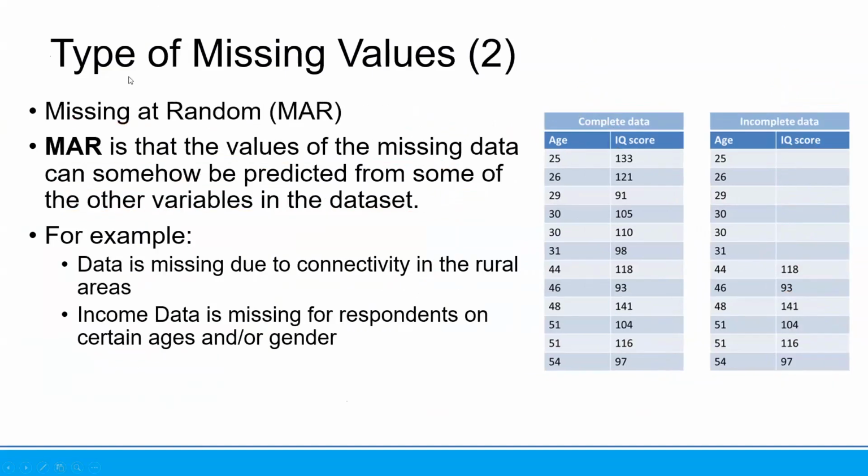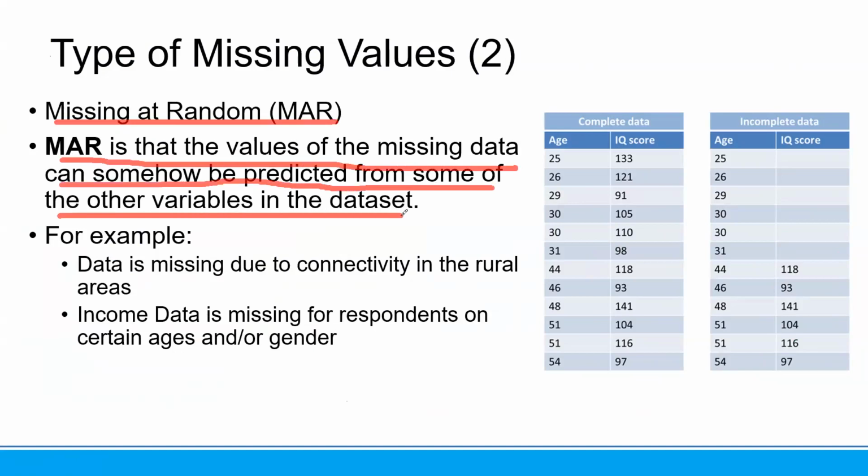The second type of missing values, we call it missing at random. MAR is that the values of the missing data can somehow be predicted from some of the other variables in the dataset. For example, data is missing due to the connectivity in the rural areas.